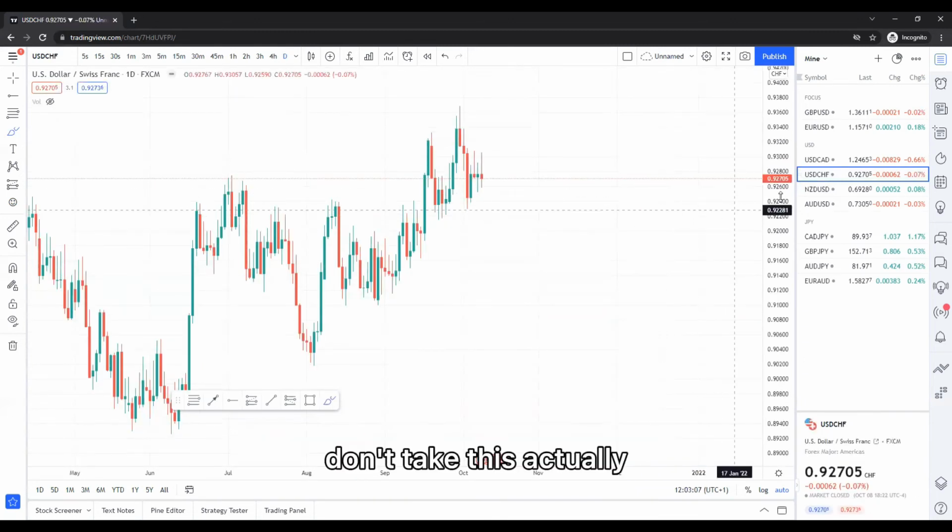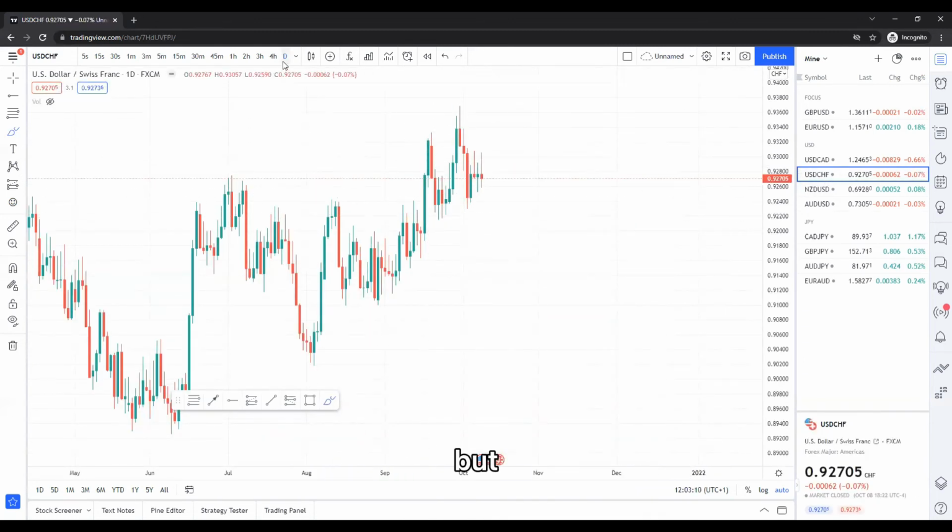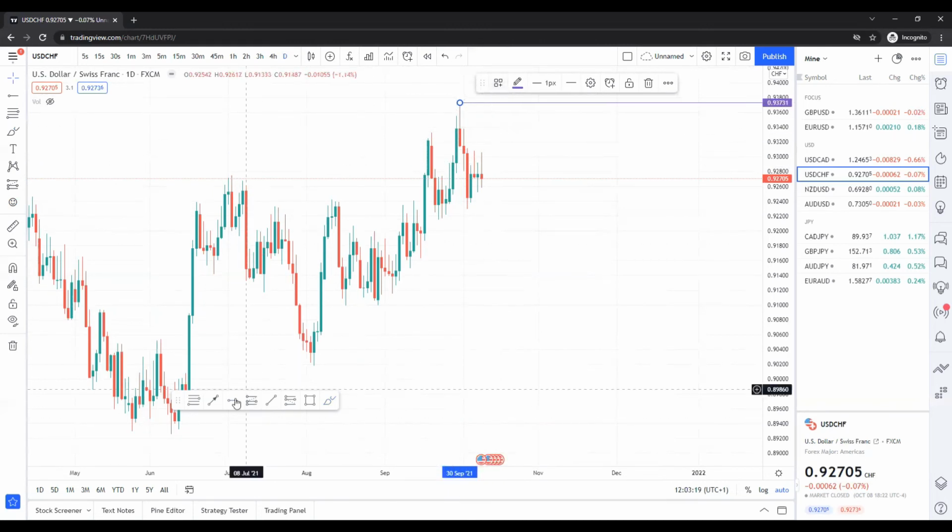I don't trade this actually, but just say it. Let's see it. So let's mark the range. This is high. Then the low. Where is the low?